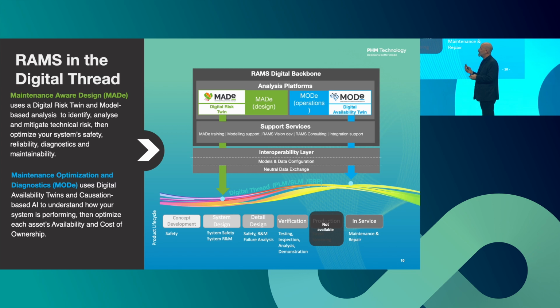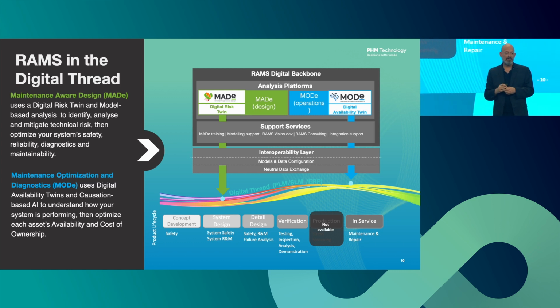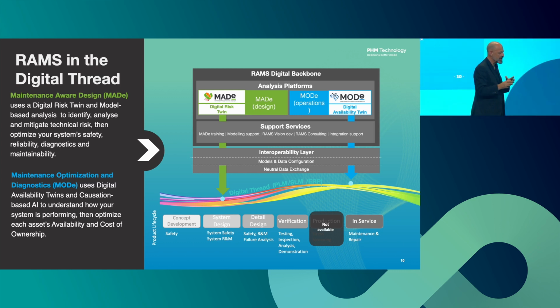Okay, so how does this all fit into the broader digital thread that Siemens provides? You can see here we're talking about a thing called a RAMS digital backbone. So these are all of these different analyses. What we want to make sure is that we can combine them all. They can all be digitized, taken away from the manual approach, made model-based. The two analysis platforms that we have are focused either on the design or the operation.